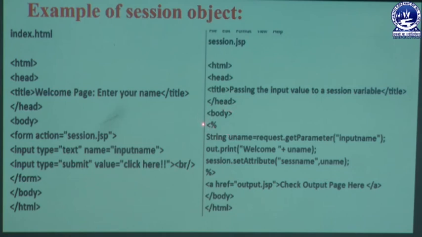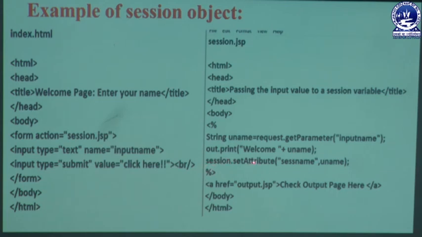In that body we use the scriptlet tag. With the help of the scriptlet tag we can define some Java code in it, such as String uname. In that uname we retrieve data through the request object, request.getParameter of input name, which is present in that text field, and we print it through the out.print method, which prints welcome plus uname, whatever name is present in the uname variable.